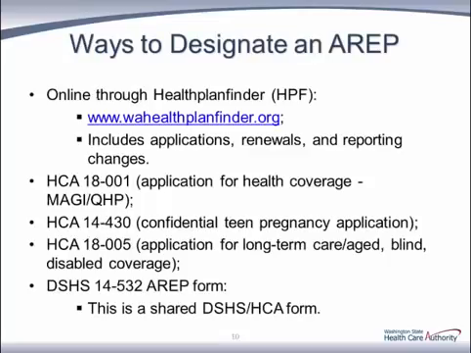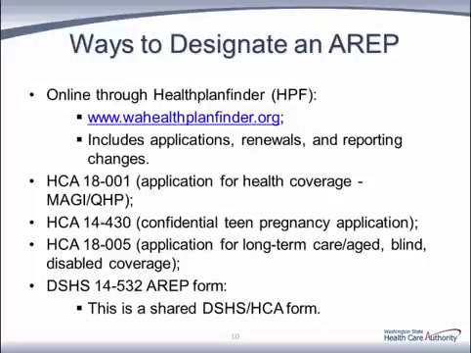There are many ways to designate an authorized representative. That includes online through Health Plan Finder at www.wahealthplanfinder.org. This includes applications, renewals, and reporting changes.